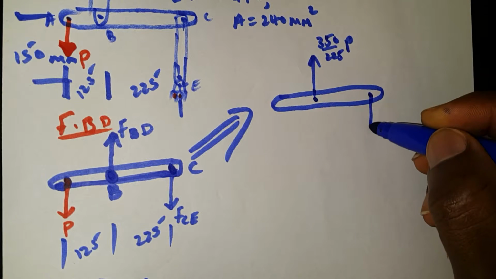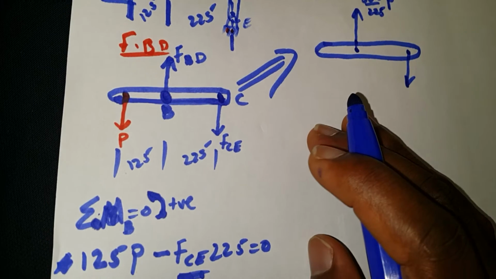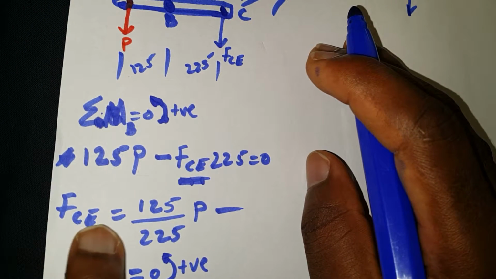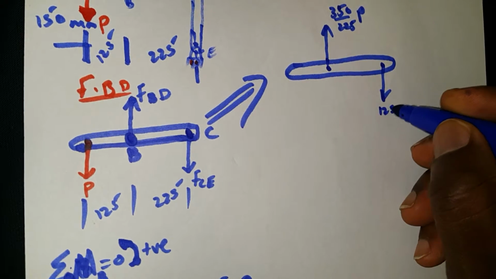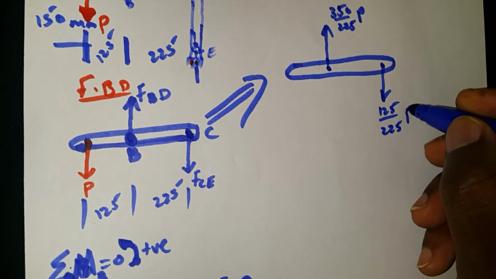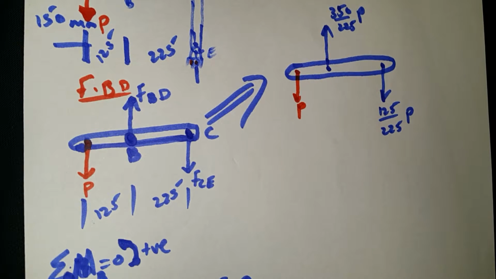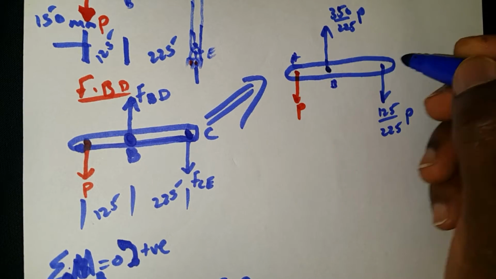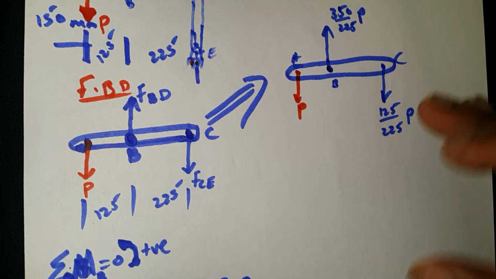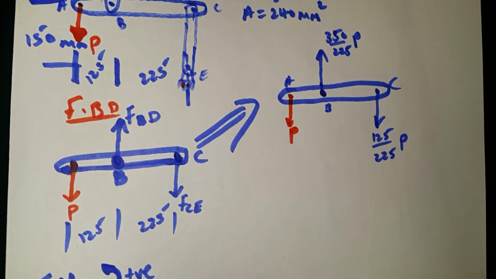Okay, and now replace this FCE, which is what we found here, 125 over 225P, and we still have our P. So now A, B, C. This is now our new diagram.